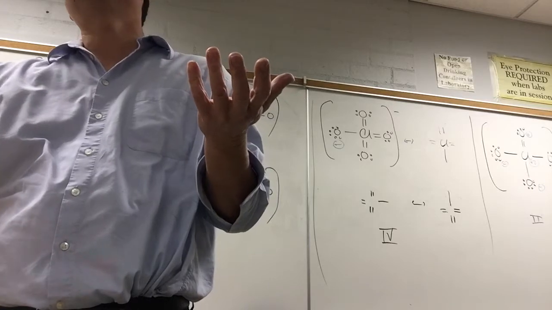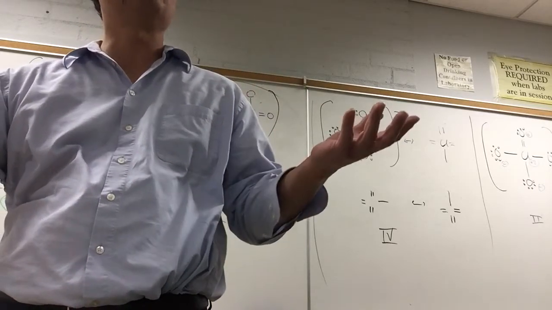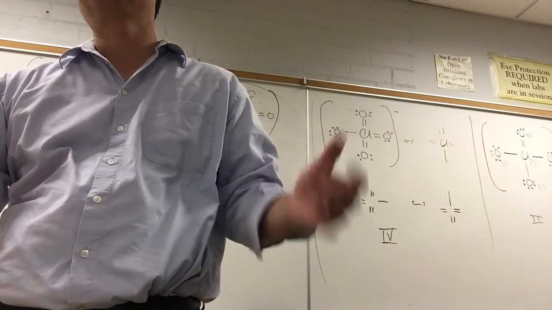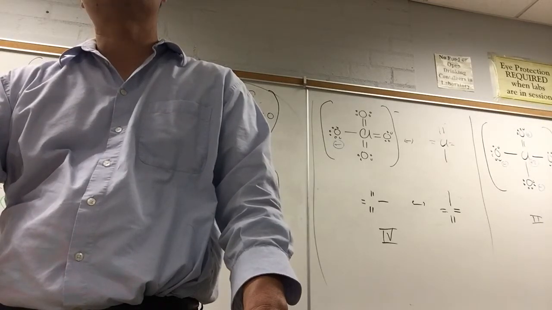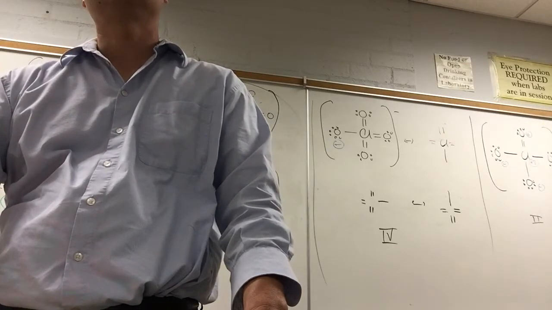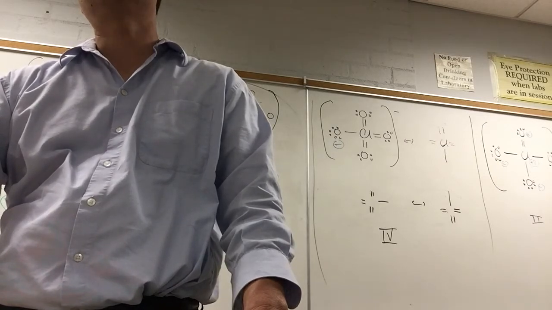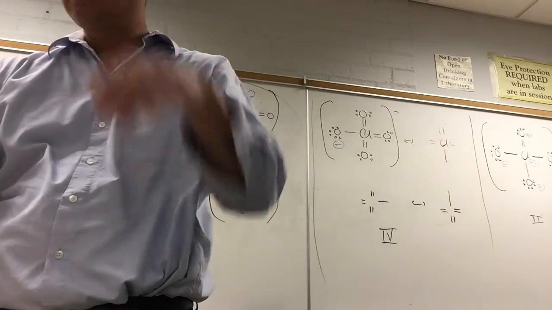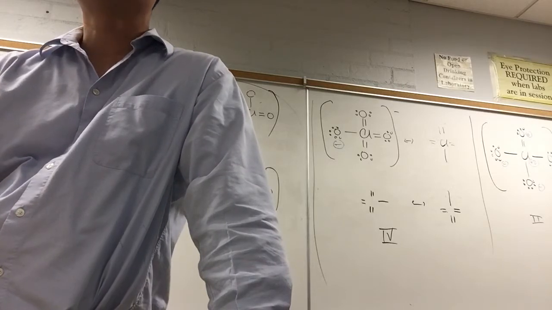The extreme of maintaining the octet but having high formal charge versus minimizing formal charge and expanding the octet. Okay. And so a lot of people, what they'll do is they'll just write down all the structures. Perchlorate's a tough one. Like chlorate's easier. I've given chlorate on tests in the past. But still, it's a lot of structures to draw out.